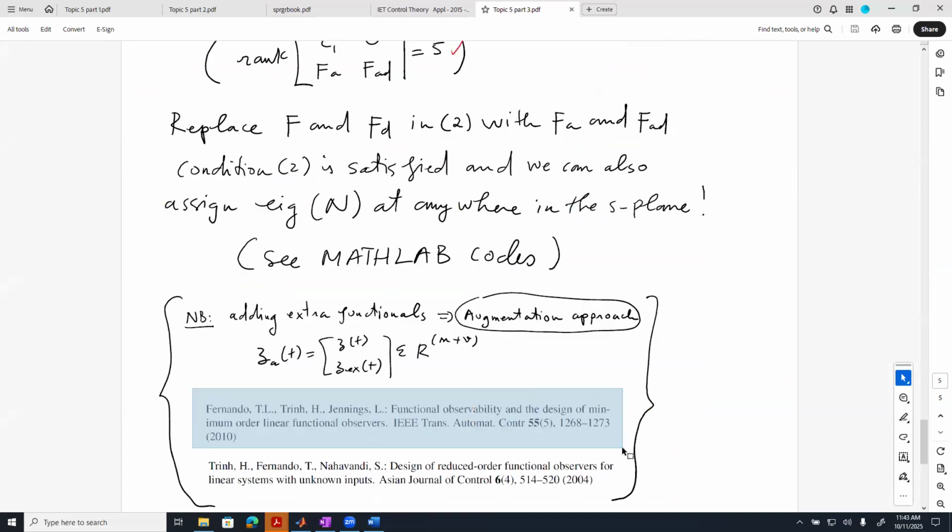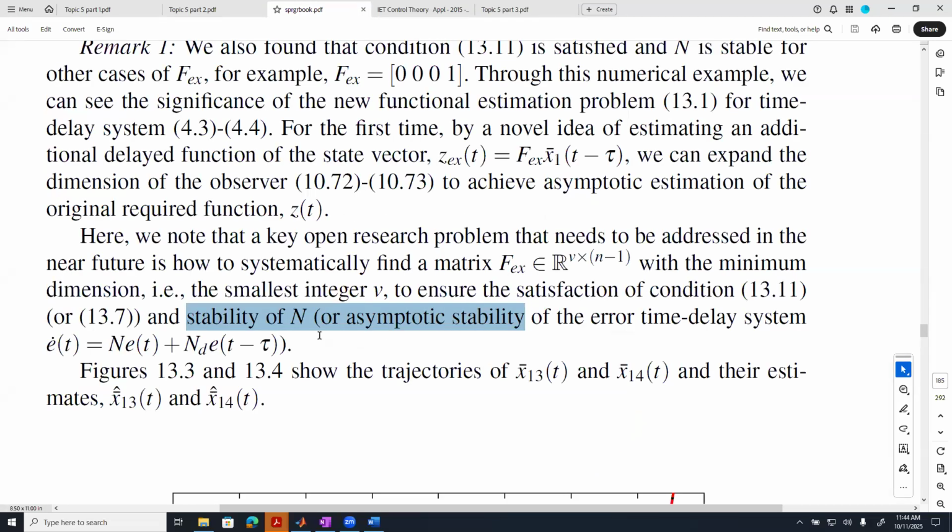And by the way, there is a latest work appearing on arXiv that talks about the unification of functional observability and functional controllability and all of that. We might then be able to develop a generalized functional observability condition for estimating generalized functionals of time delay systems. So there are things that can be further investigated, and we would like to leave them to the reader.